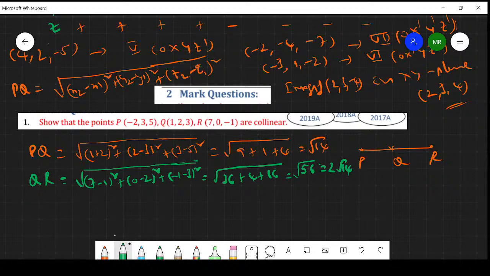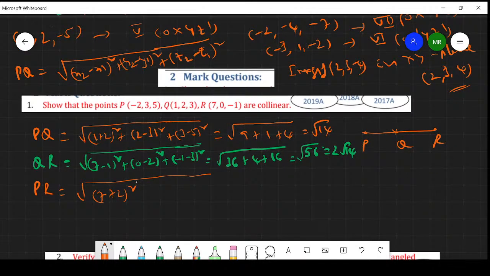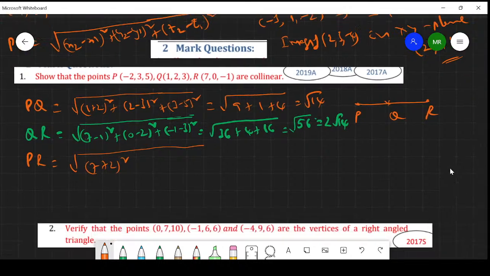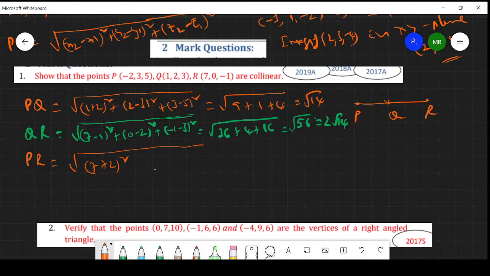You find PR, the distance between P and R. You can find what is P and R now. P to R: 7 plus 2 whole square, plus 0 minus 3 whole square, plus minus 1 minus 5 whole square.